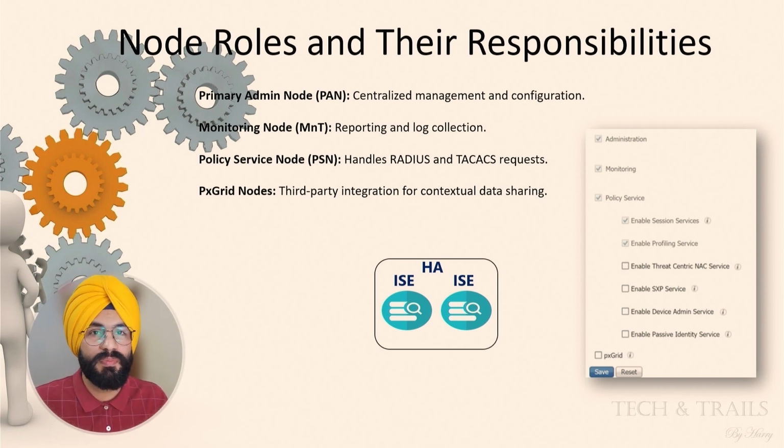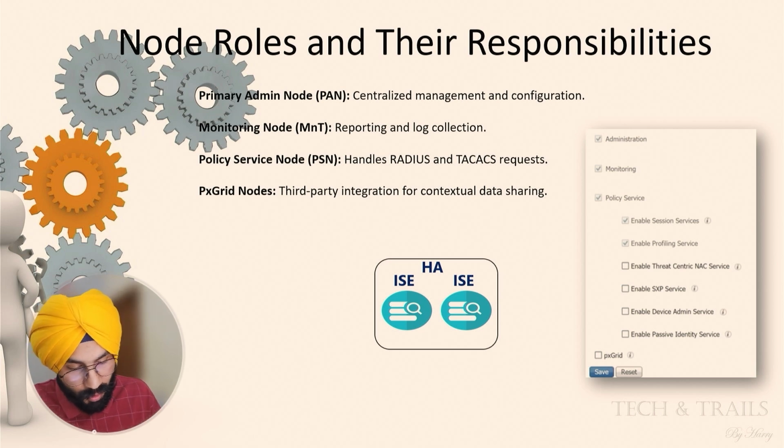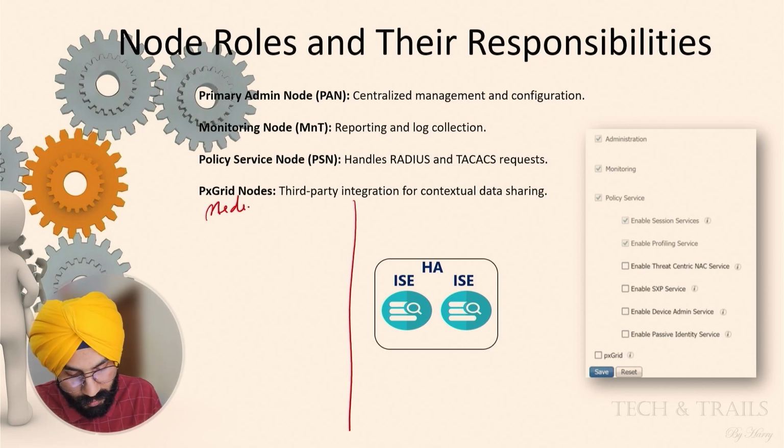But what if the customer has a medium infrastructure and wants to go with a medium setup or a distributed deployment? As I said, in a distributed deployment we need to understand the requirements. There are two kinds of distributed deployment: one is medium, one is large.